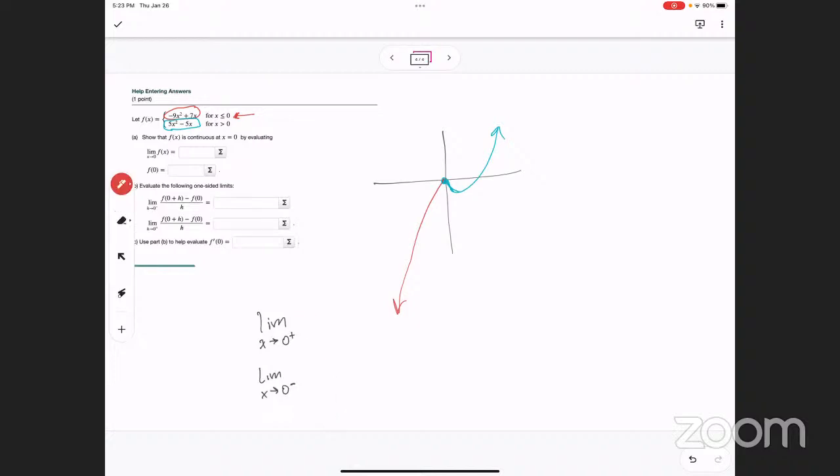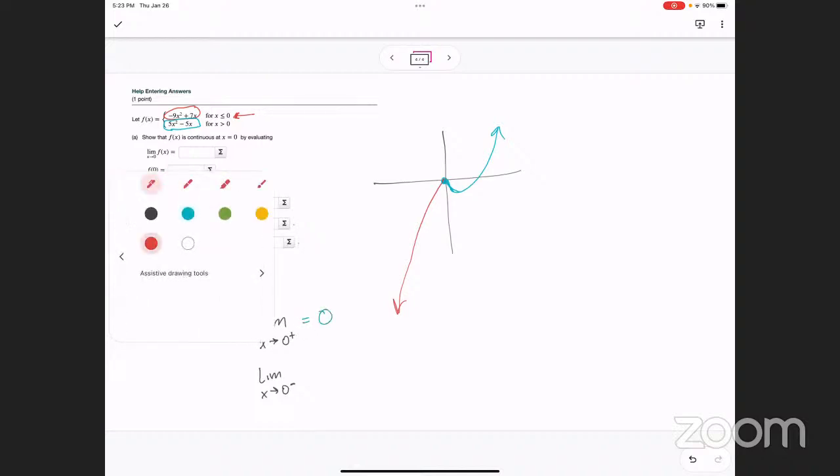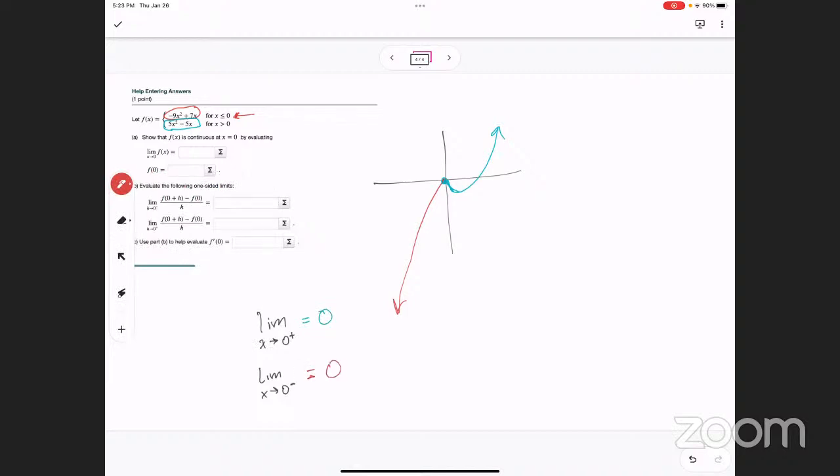Start over. This one is the one from the right, and the limit is 0. If you plug 0 into the blue equation, you get 0. And if you plug 0 into the red equation, you'll also get 0. And because of that, the limit of this is 0.